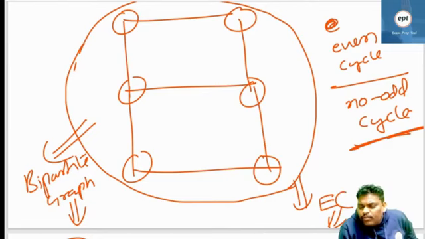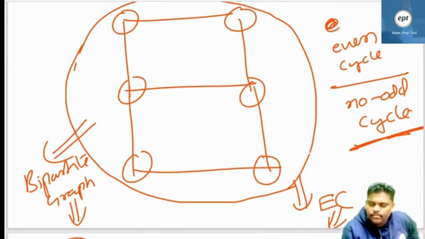3 or 4? Okay. Is it a bipartite graph? Edge chromatic number, 3 or 4? What is the answer? 3. We have only two answers, 3 or 4.